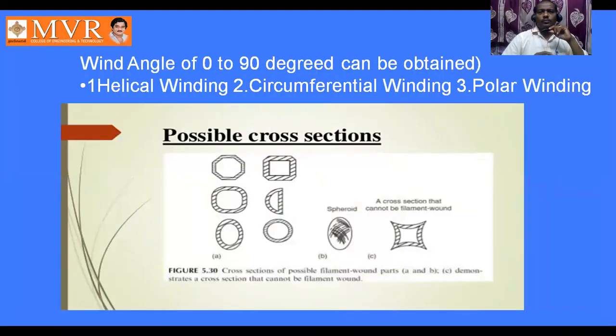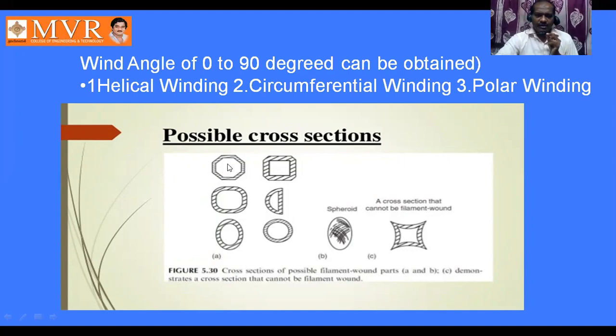So on what area are we able to wind? If you observe, the wind angle is 0 to 10 degrees, and 90 degrees can be obtained. That means how we are going to wind. Helical winding is possible, circumferential winding and polar winding are possible. If you observe this, these are the possible cross sections where winding can be done.